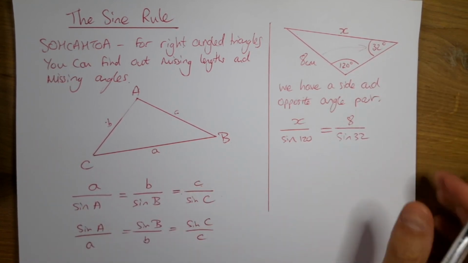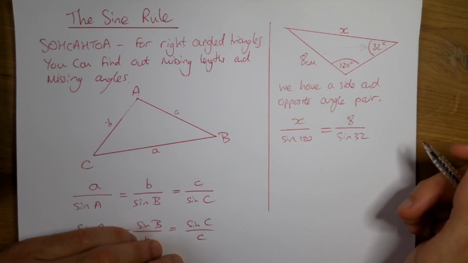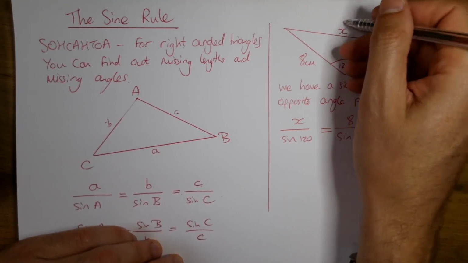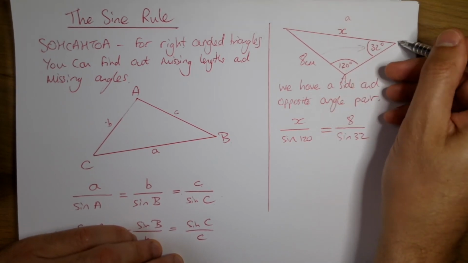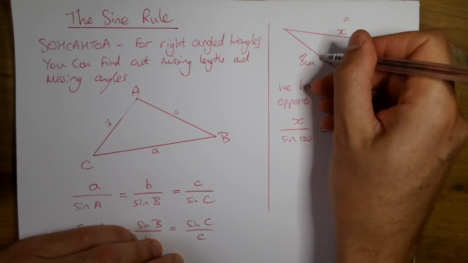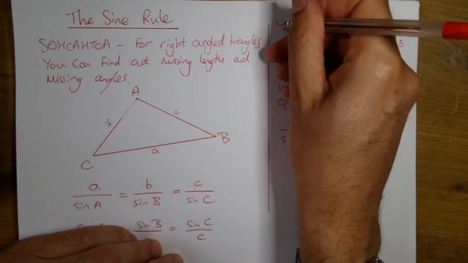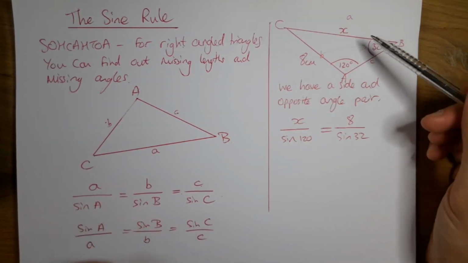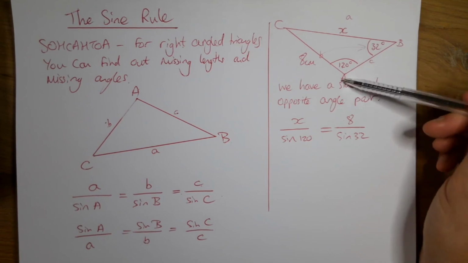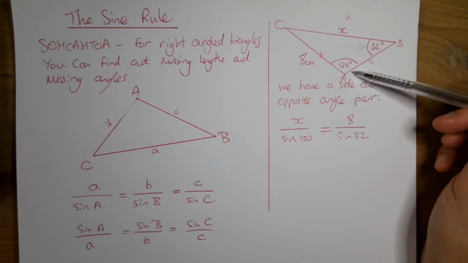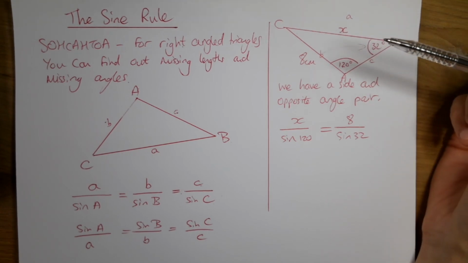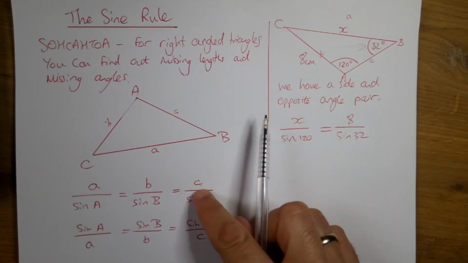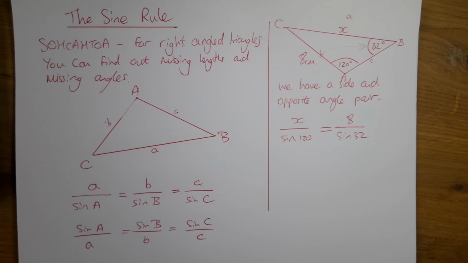If that worries you, you can relabel everything: think of this as side a, this is angle B, so this is side b, and then this is angle C and side c. But you'll notice we're not worried about c. We don't know this length, and we're not asked to work it out, and we don't know this angle, and we're not asked to work it out. This is why we're ignoring this part of the rule.